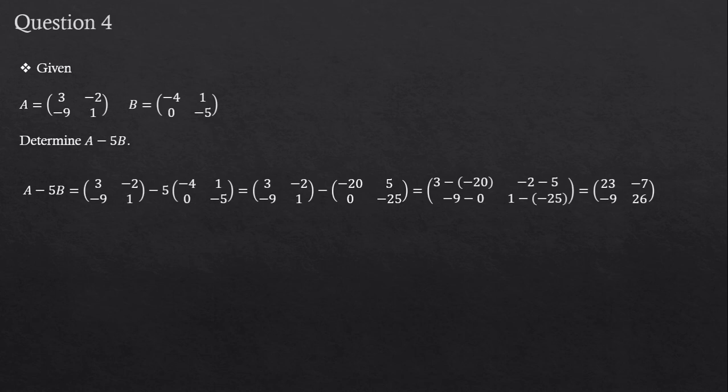We only multiply by 5 on matrix B. So for matrix B, if we do the multiplication, we have -20, 5, 0, -25. Then we can proceed with subtraction between the two matrices, and we get 23, -7, -9, and 26.